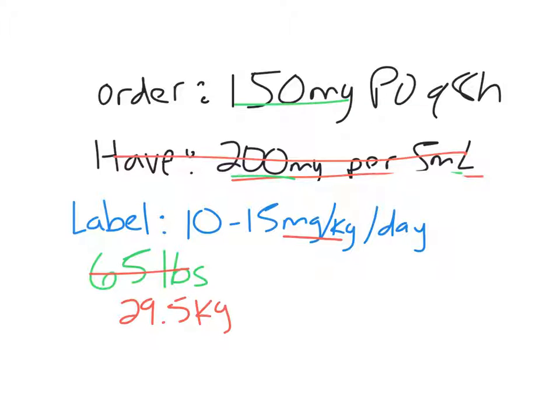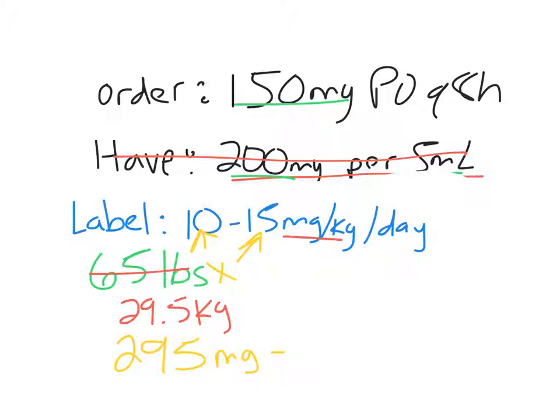We're multiplying that weight by this number because that's going to tell us what the low end is for my patient. So that's 295 milligrams. That's the minimum dose that they can take. We're going to also multiply that number by the 15 because then that tells me what my patient can take on the high end.